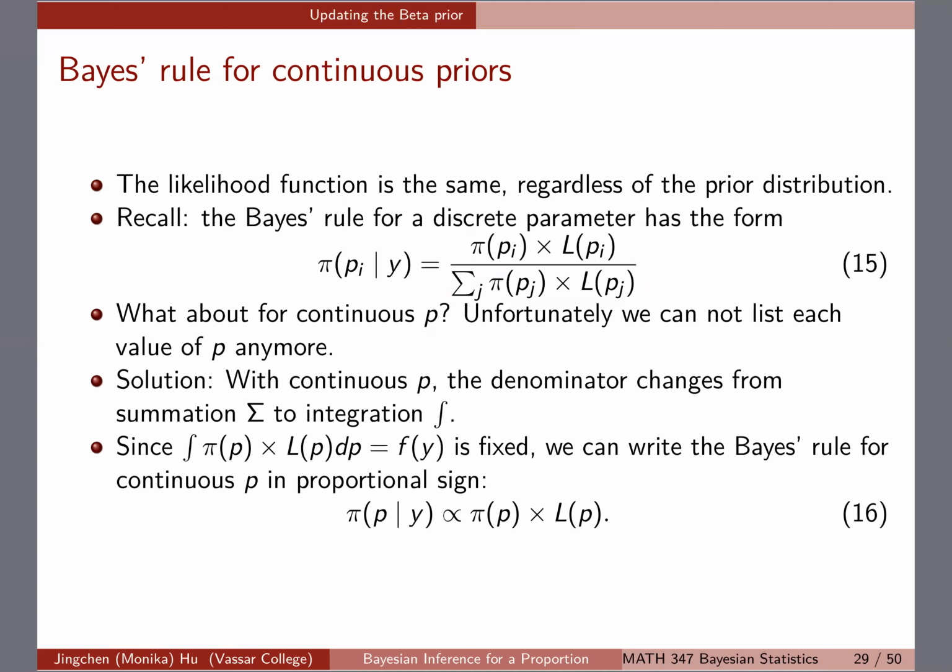So for now, let's keep in mind that since it's continuous, we're not going to do summation anymore. We're going to do integration. Okay, and for simplicity, what we're going to focus on for now is the product of the prior and the likelihood. So in equation 16, we're using a proportional sign, indicating that the posterior distribution of p, given the data, is proportional to the product of the prior and the likelihood.